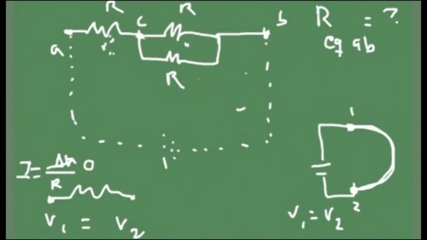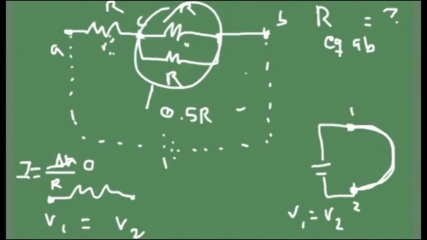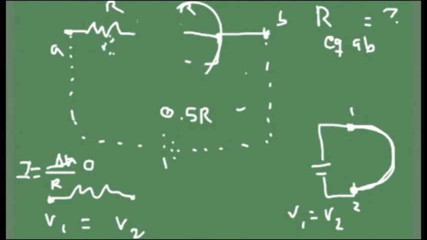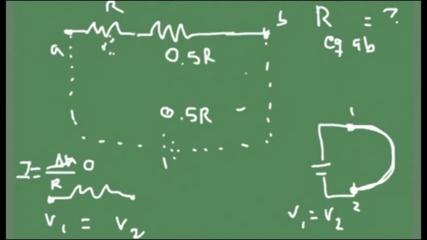So the equivalent resistance of these two resistors is now 0.5 times R. So I can delete them, erase them, and replace them with 0.5 R. Okay, and the answer is now that the equivalent resistance is therefore R plus 0.5 R, so that's 1.5 R. Okay?